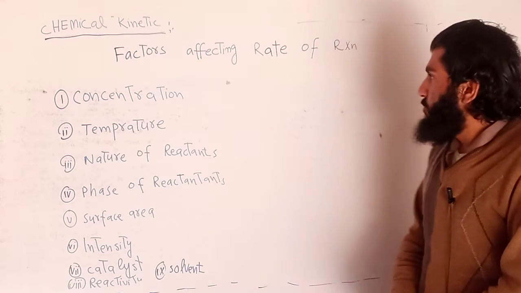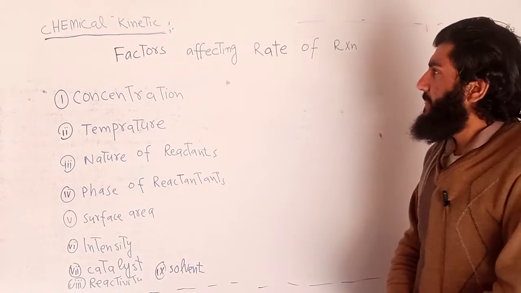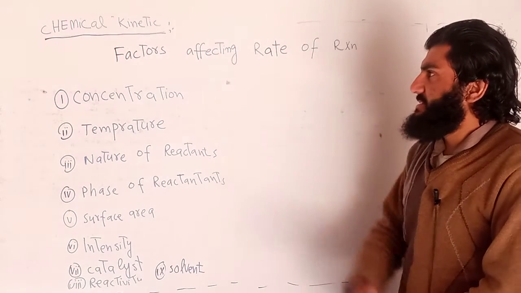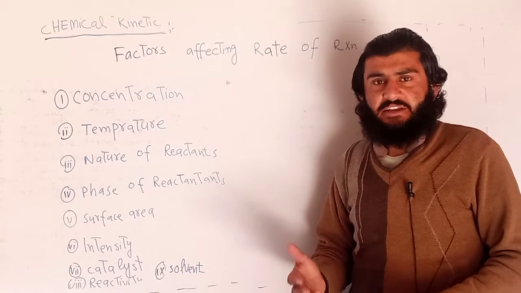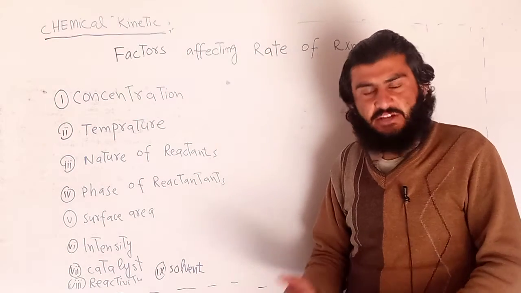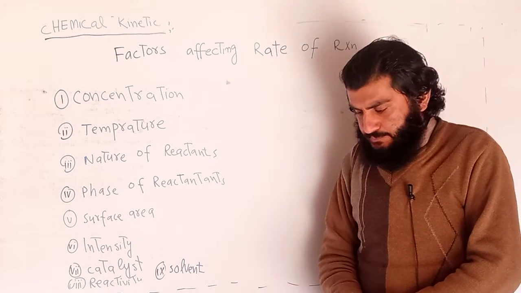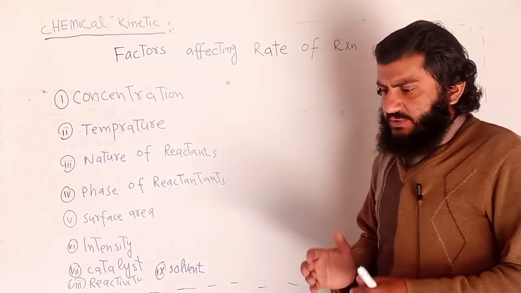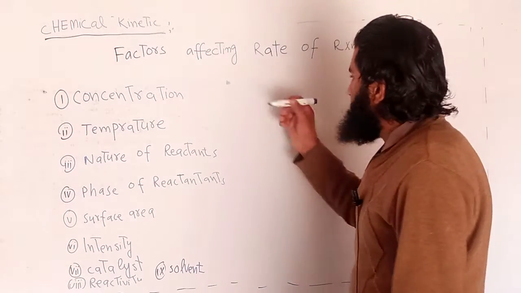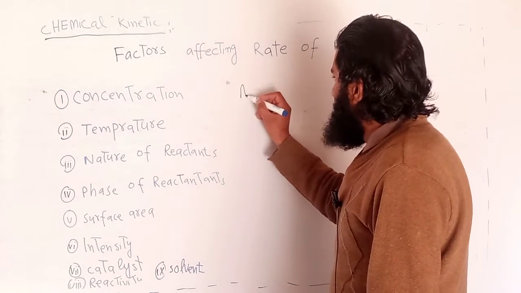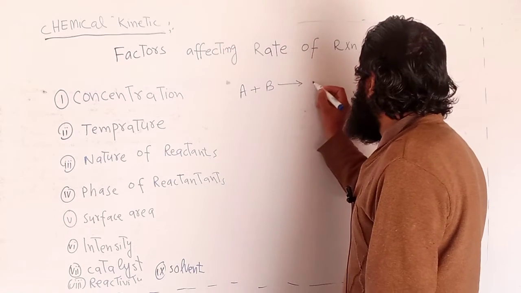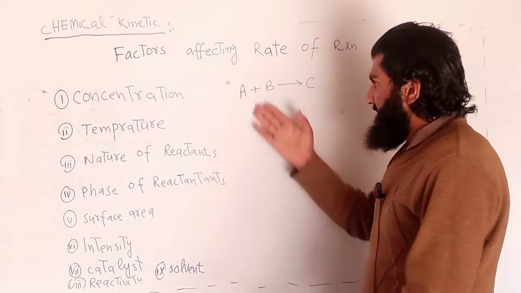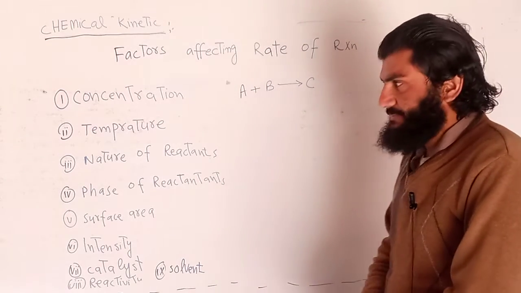Clear? So first of all we discuss concentration. So we discuss how concentration can affect the rate of reaction. Clear? You know, as for example, if A reacts with B and forms C, these are reactants and this is the product.